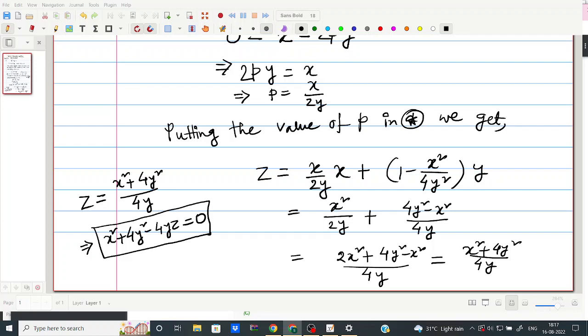So you know that the family of possible tangent planes at any arbitrary point x0, y0, z0, what is the equation? You know this? Let me write.